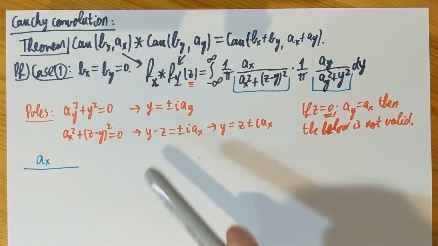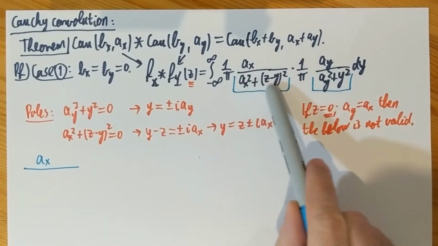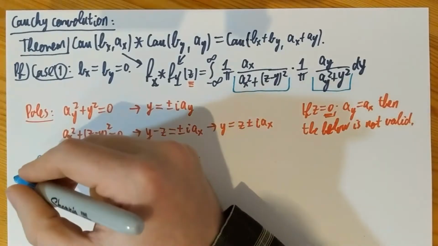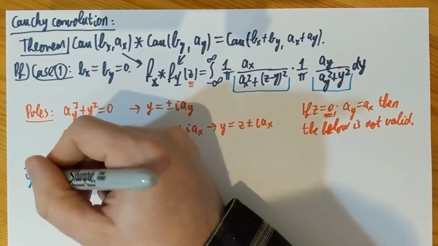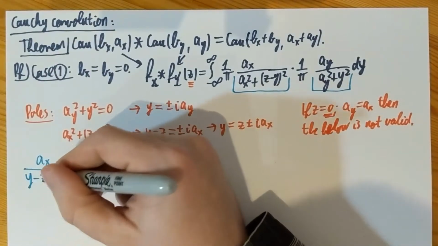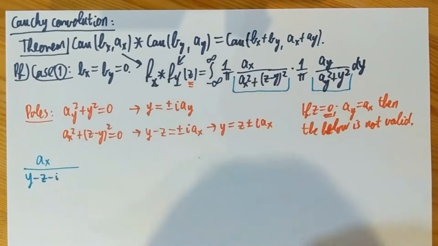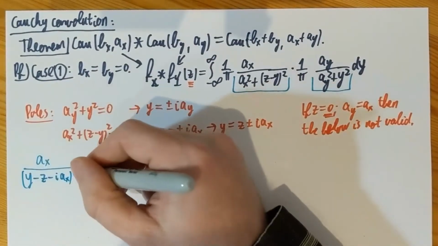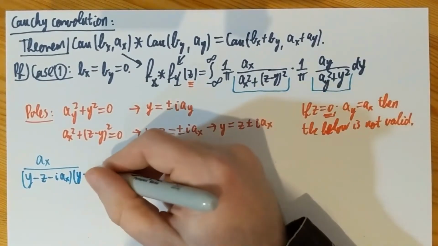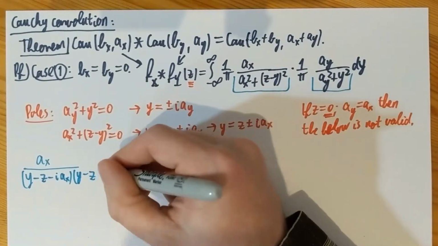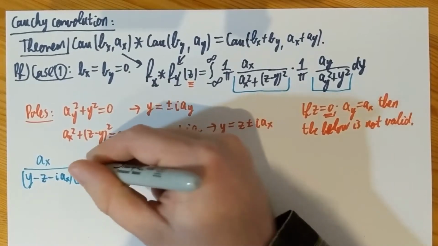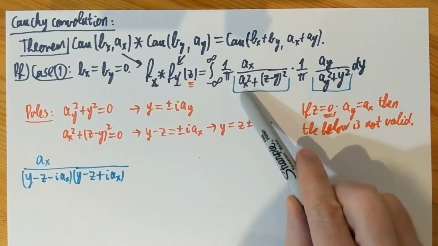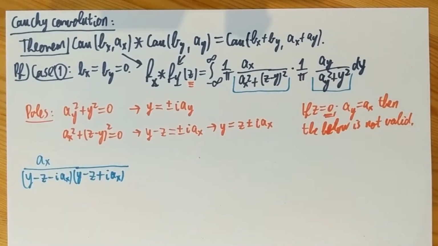As soon as you find out the roots of a polynomial and you find out the coefficient of this leading term, then you can write this as y minus z minus the first root, which is z plus IAX, times y minus the other root, which is z minus IAX, but because it's another minus, it's going to be a plus. So this product here is going to give me back AX squared plus z minus y squared.